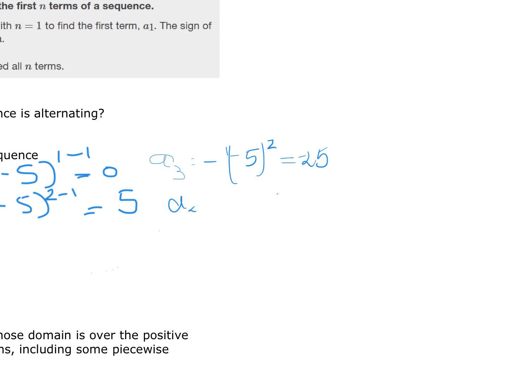My a sub 4 will then equal negative 5 raised to the 3rd power. So that would be a negative 125 multiplied by the negative 1 out front, which will give us a positive 125. So my sequence is 0, 5, negative 25, and then a positive 125. And then it just continues from there.